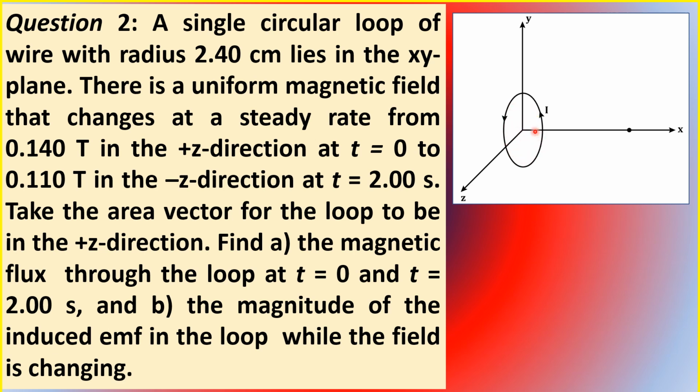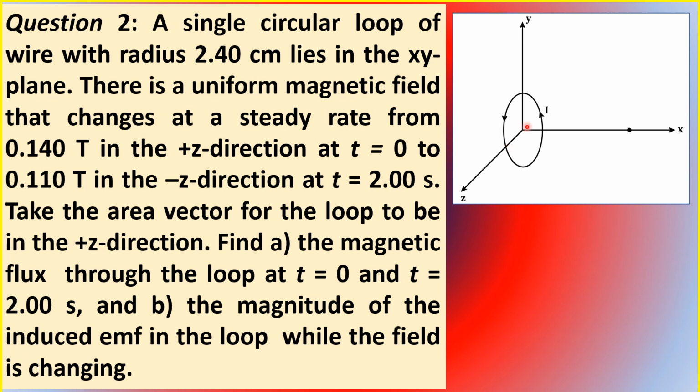If you're going to represent the area vector, it's going to be towards the positive z direction at the initial time equals 0. But at time equals 2 seconds, according to the question, the magnetic field is now directed towards the negative z direction.